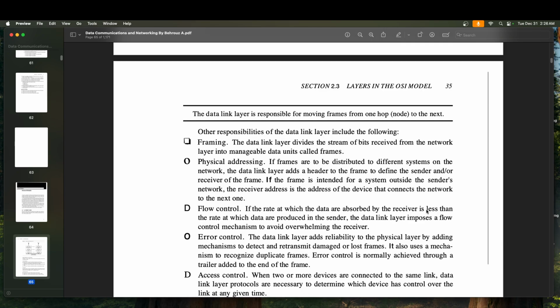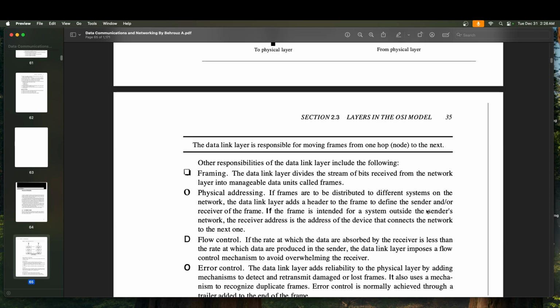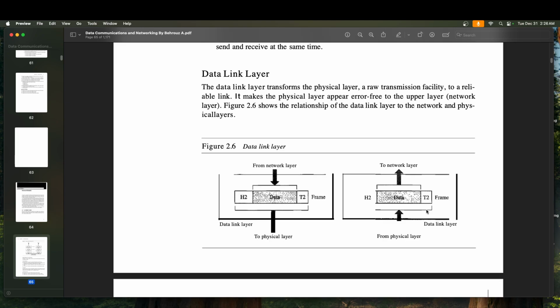Now framing. What all problems can occur? If we send the data continuously, the receiver won't know when the data is coming. And if there is an error in the medium, an error is basically when you send a 1 and the receiver gets a 0.